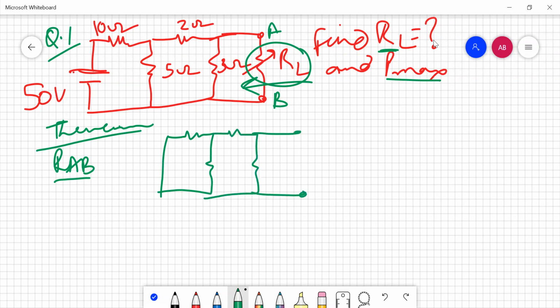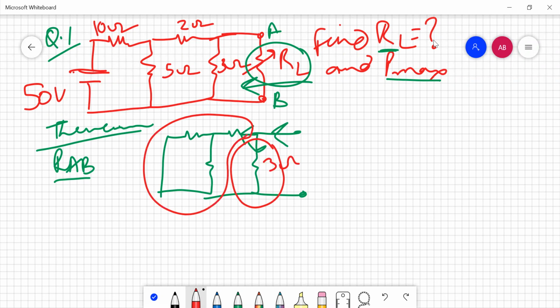So these are my AB terminals. Looking through the terminals, what I have got is that the whole resistance gets divided into two parts. One is my 3 ohm and the rest is the total of this path. Further, this is my 2 ohm resistor, then my 5 ohm, and then my 10 ohm. When the current goes in, it gets divided into these two parts.